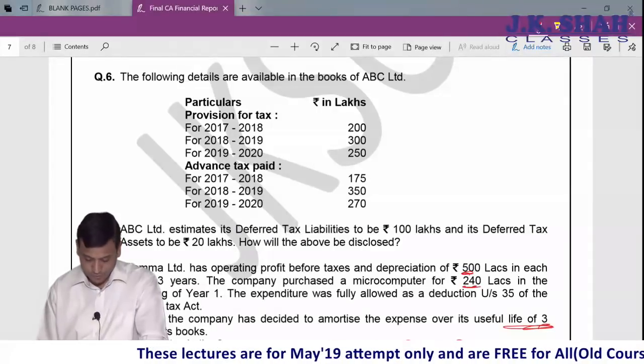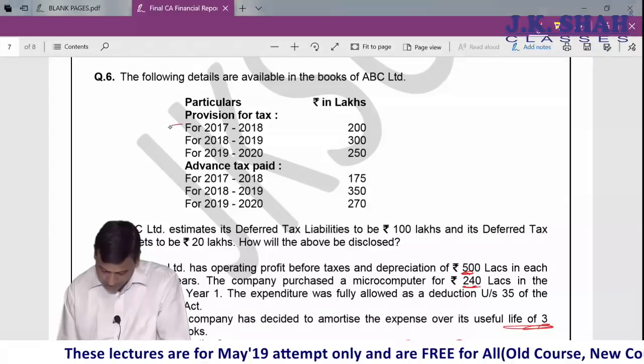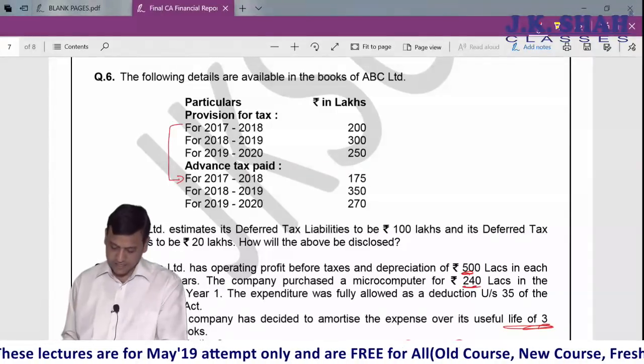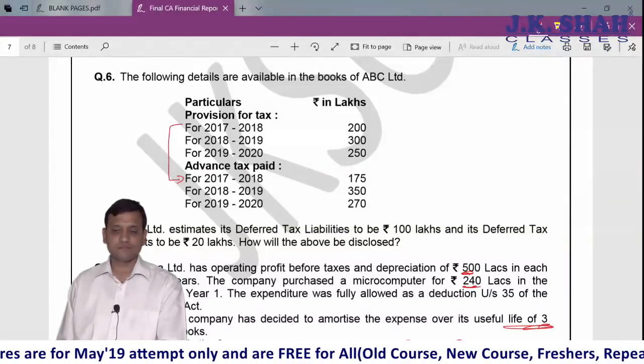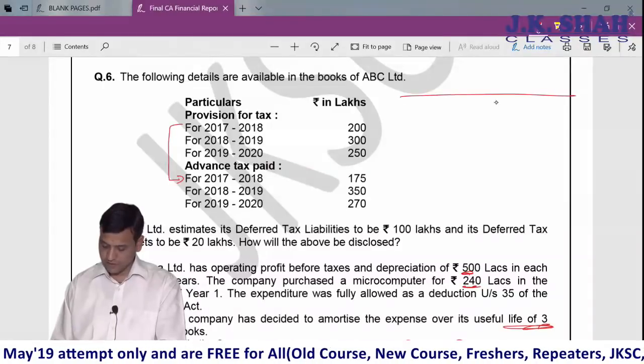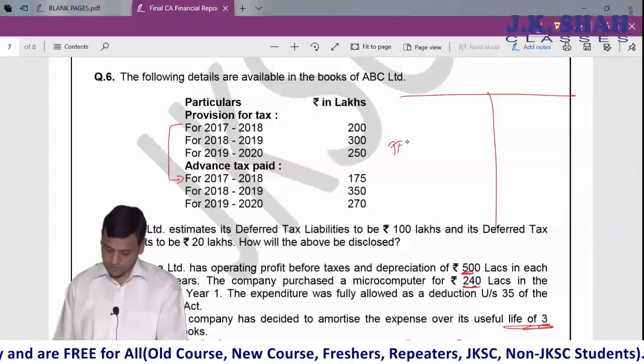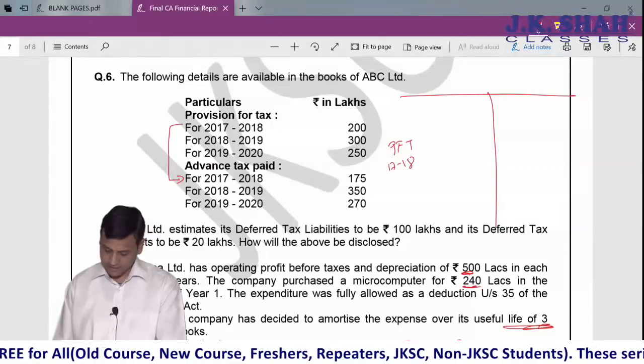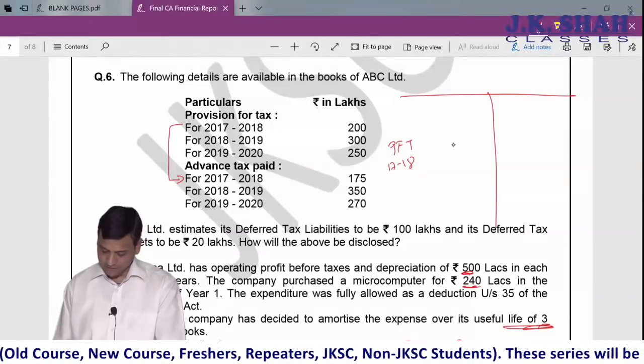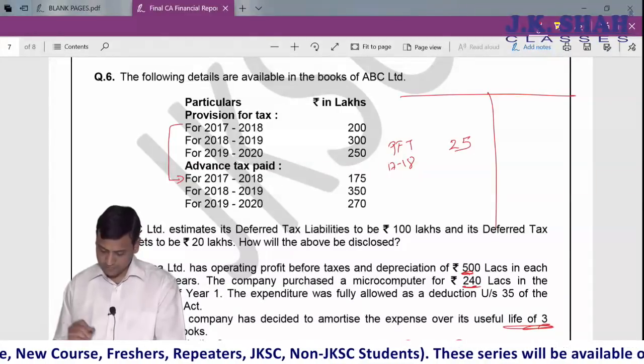Can I say this provision for 1718 can be knocked off against advance tax of 1718? So here if I make a balance sheet, I can have provision for tax 1718, 200 minus 175, can I say 25?